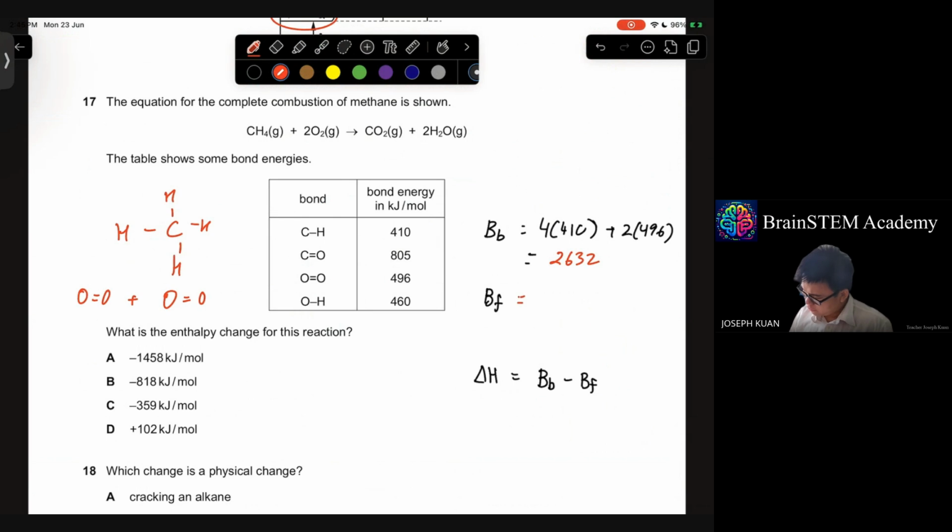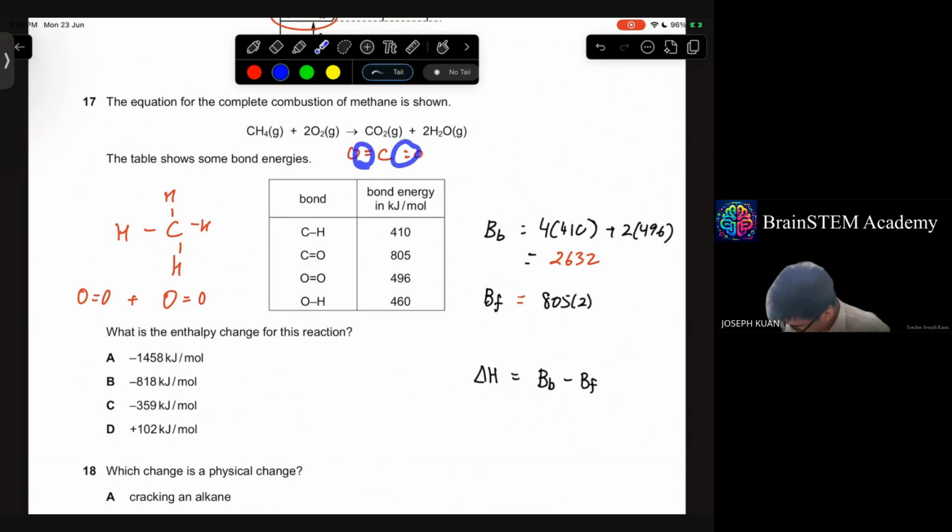Then bond formation, this molecule, carbon dioxide, will release 2 sets of 805 and 4 sets of 460, because there are 2 water molecules here, bringing it up to 2 sets of 2 OH bonds.